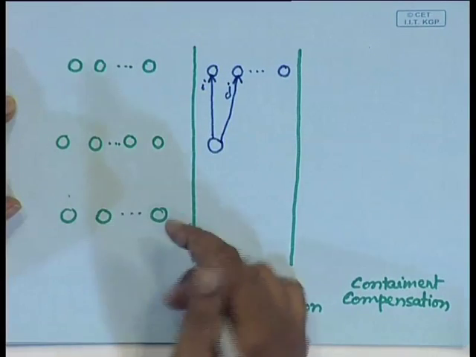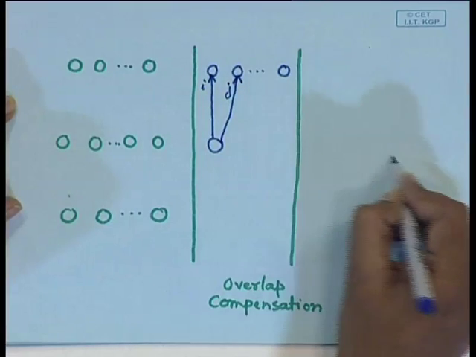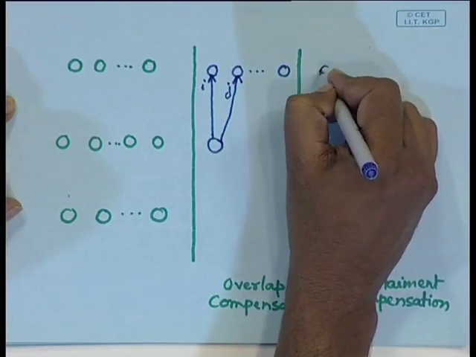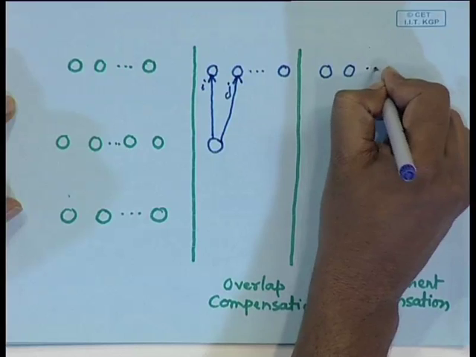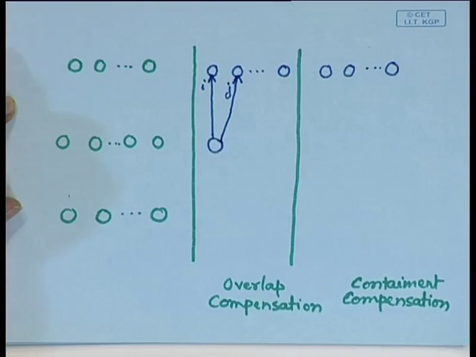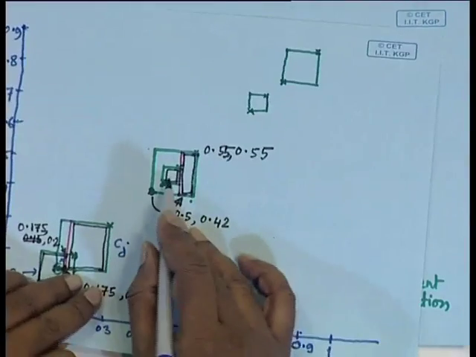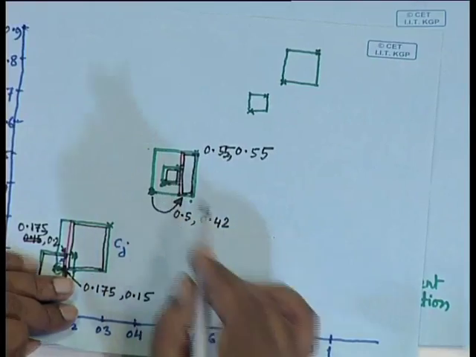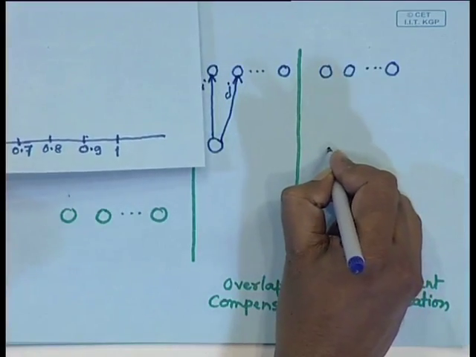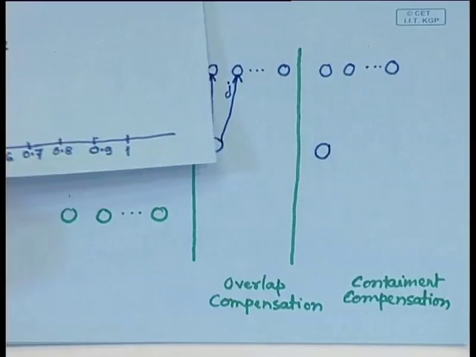Similarly, in the containment section also, I will have a number of neurons, which is the same as the number of classes that I have. Here again, whenever there is a containment like this, I will put a containment compensation neuron.